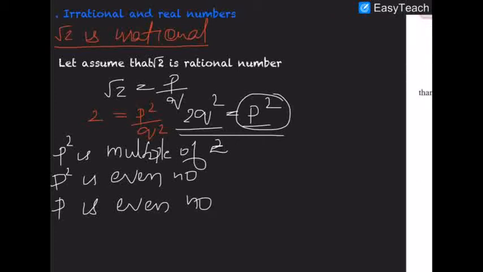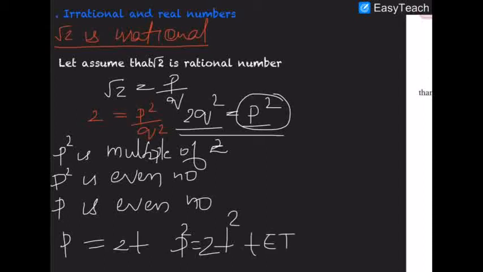P is an even number means p can be written as p is equal to 2t. So again we take square on both sides, we get p square is equal to 2t square, where t belongs to I, which means t is an integer. So p square is equal to 2t square, and also we know that p square is equal to 2q square.